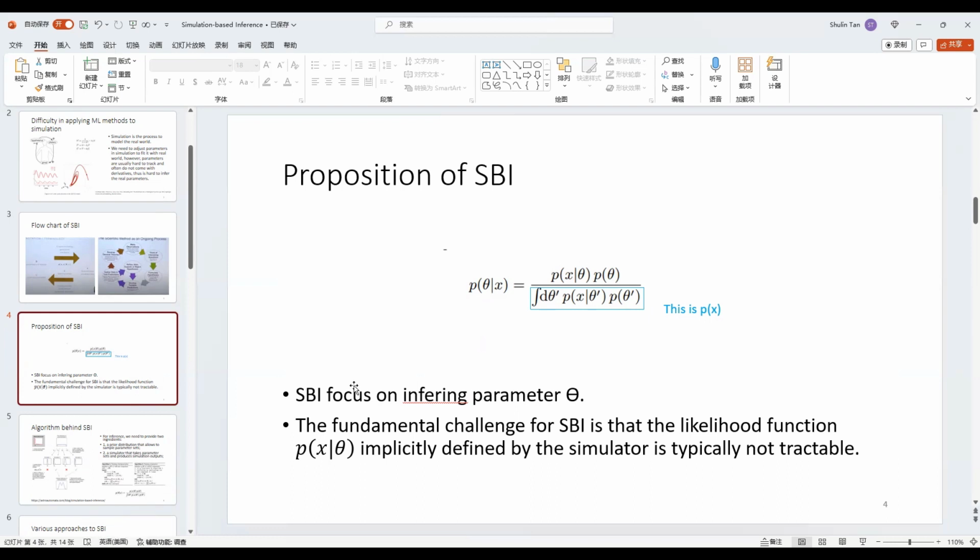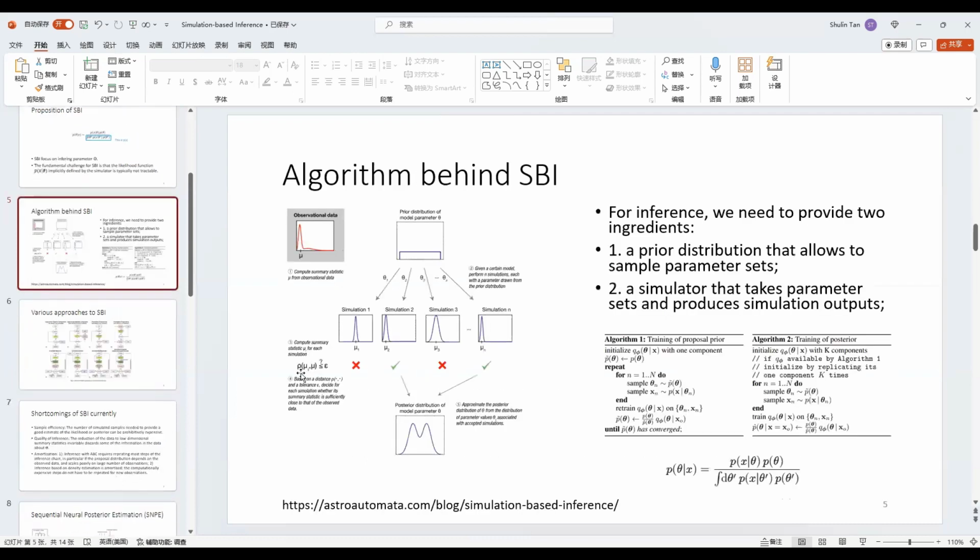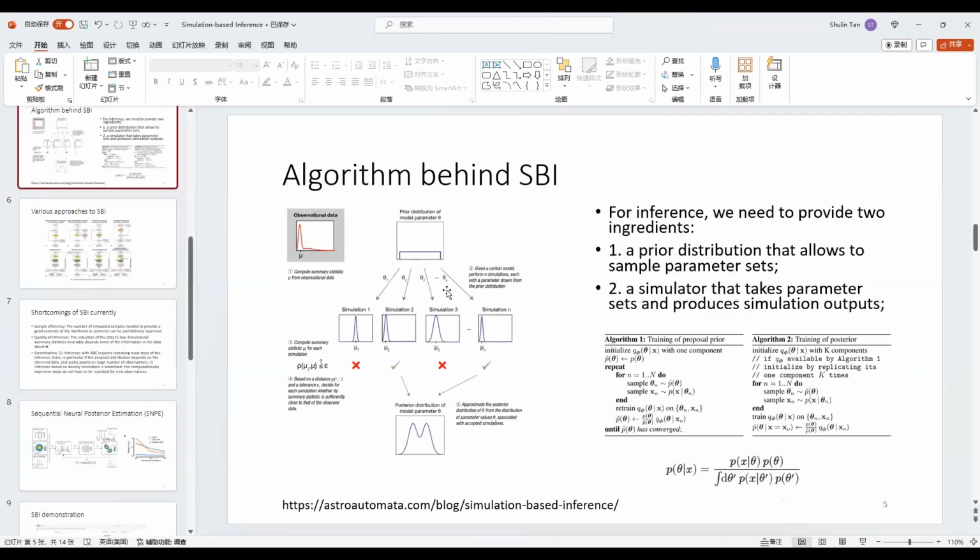In fact, in the demonstration later, we will see that in the process where we train our estimation of x given theta, if we shrink the distribution of our proposed parameter in this step closer to the true parameter, we will have a better estimation of our results.